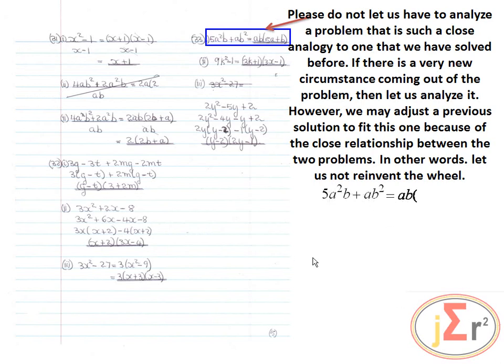So AB is our common factor, and we will know that because of the A squared here we will have A coming, and because of the B squared we will have B. So we will have 5A in the first term and B in the next one, and that is by experience, or we may take a good look at it and see that it is quite obvious. So 5A squared B divided by AB is equal to 5A, and AB squared divided by AB is equal to B.